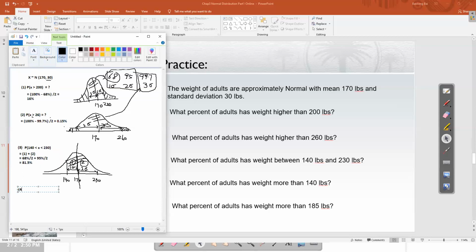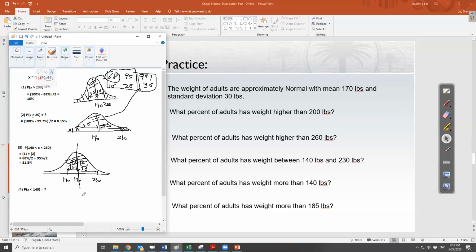And number 4, you're looking for the probability that student body weight is less than 140 pounds. Less than 140, we can draw a density curve also. Oh, I'm sorry.